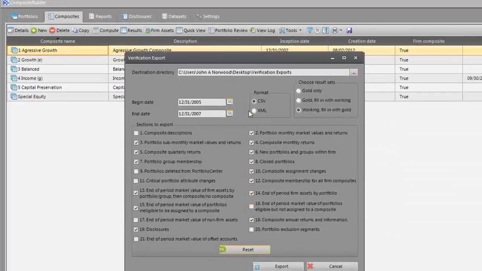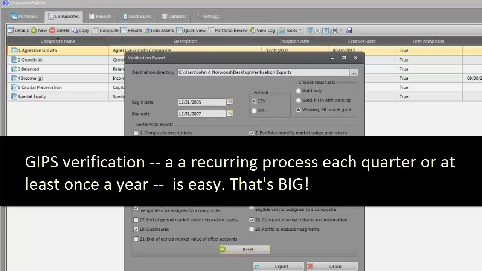So we worked with Ashland Partners to develop a set of export files that you can run for a year, a month, or a quarter, and give Ashland exactly the data that they need to do a verification. In the PortfolioCenter world, pulling all this data together can take as much as a week, based on conversations that I've had with clients.